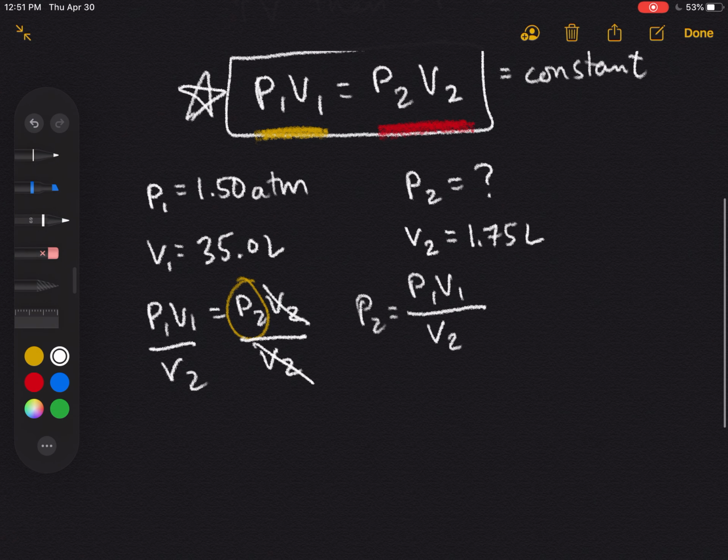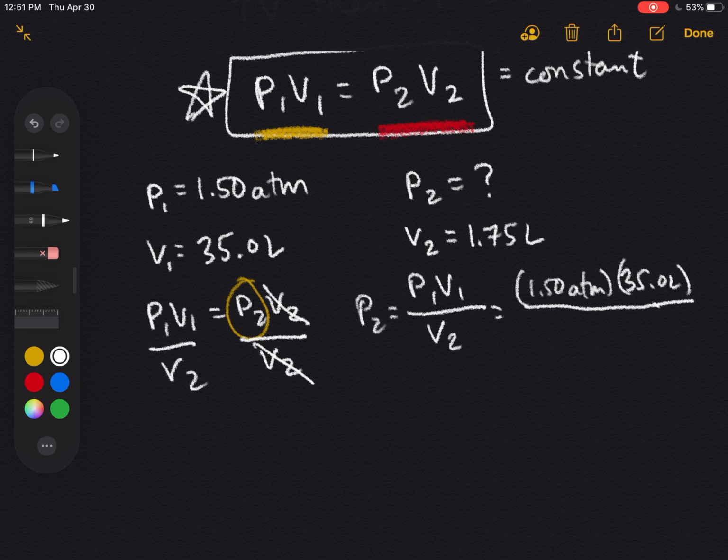At this point, I'm ready to plug my numbers in, and so I'm going to do that. So my P1 is 1.50 atmospheres. My V1 is 35 liters, and I'm going to divide this by V2, which is 1.75 liters. I'm going to do the calculation and find out that P2 is equal to 30.0 atmospheres.